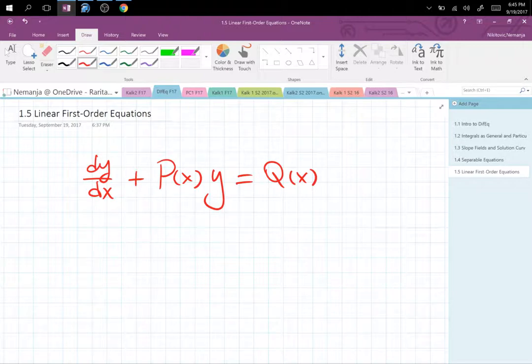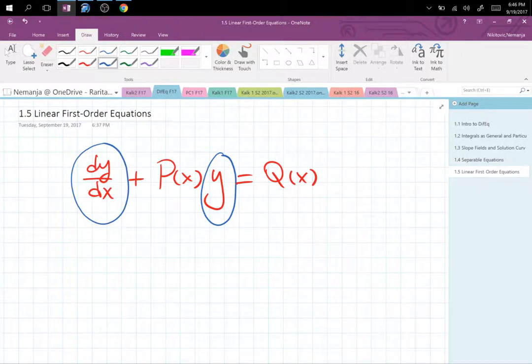Hopefully you see that separation of variables doesn't work here, because in a lot of cases you cannot separate y from x. So what we do is we realize that we have a function and its derivative over here.